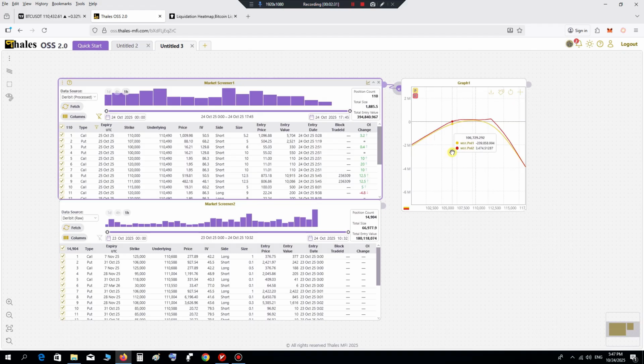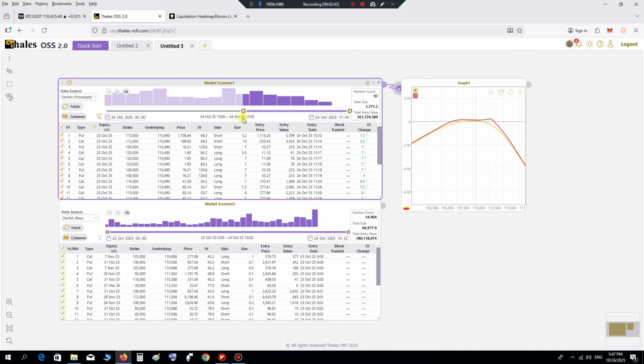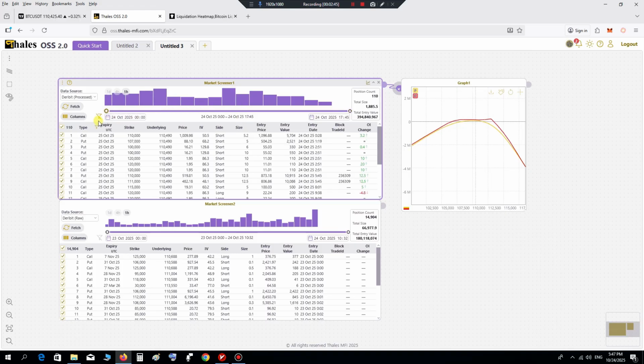Here, it's 106,700 and the ceiling is still around 113,400. And again, right here with the slider, if we move it forward, I think there won't be much of a difference, yes. So for tomorrow, we expect volatility between 107 to 113,500.